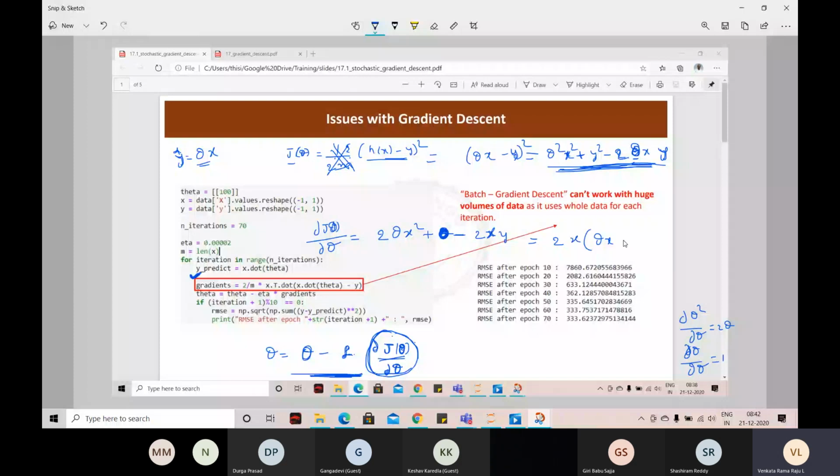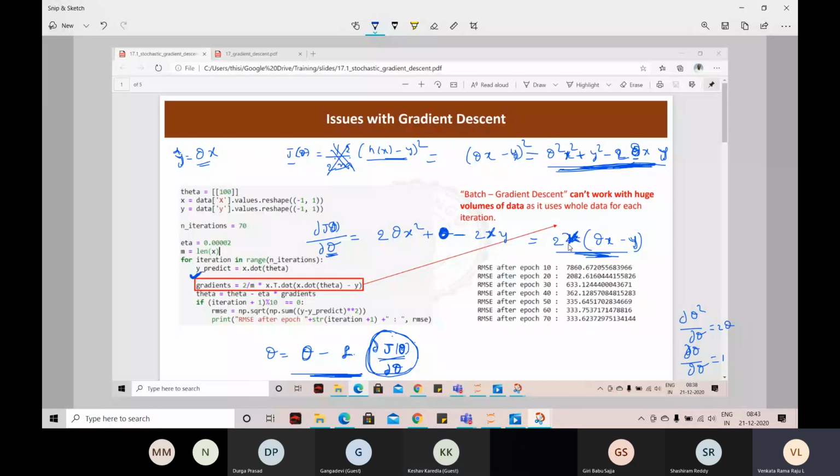This is the cost function: theta square x square plus y square minus 2 theta x y is the cost function. 2x into theta x minus y is the gradient. Now you can see, right?